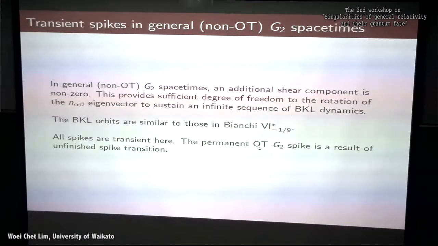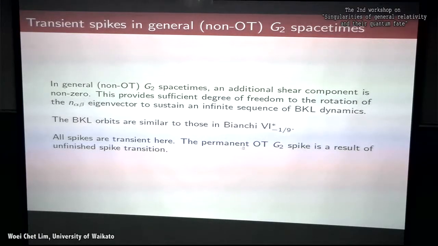Okay, what does OT mean? Orthogonally transitive. It means the action of the two Killing vector fields is special. Okay, it has a special condition on that. The permanent spike is actually an unfinished spike transition in the more general picture.